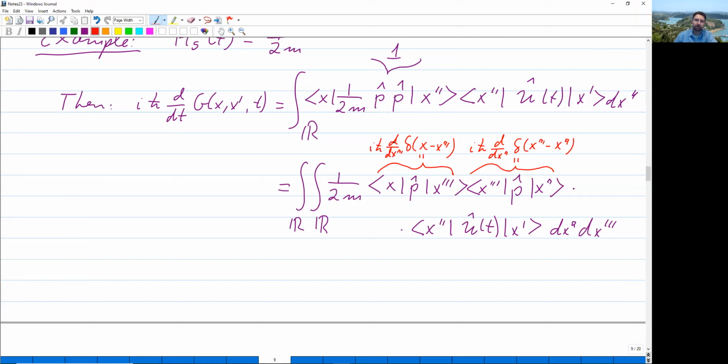Well, we get that the two derivatives are thrown to the other side, which means that instead of acting on these Dirac deltas, the derivatives will act on this stuff here, on our Green's function. And the Dirac deltas will set the variables the same. They will make sure that x is equal to x triple prime, and x triple prime is equal to x double prime. So we're just left with x's.